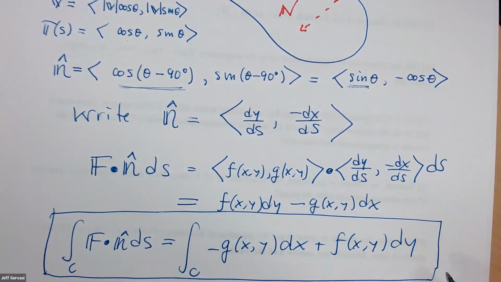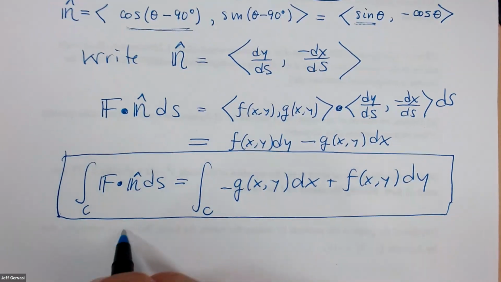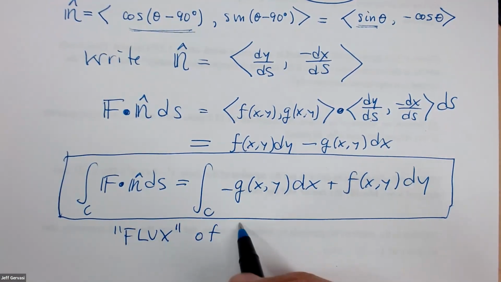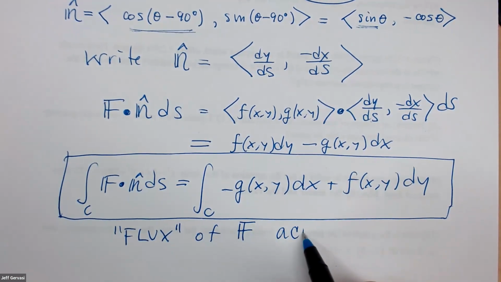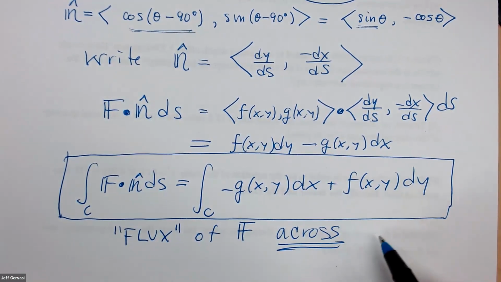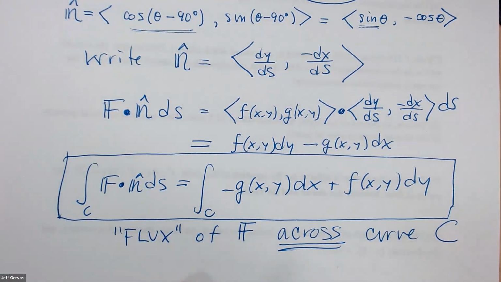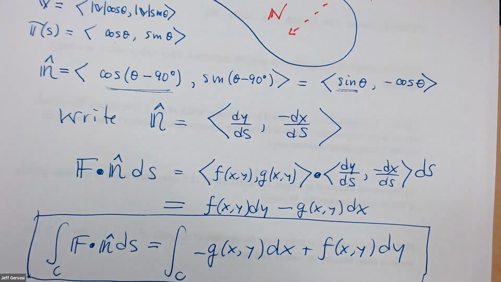This we called the flux of the vector field F across the curve C. Okay, so we had something.